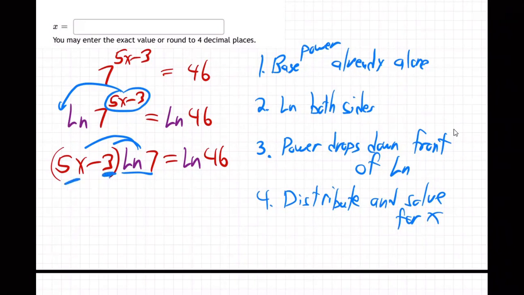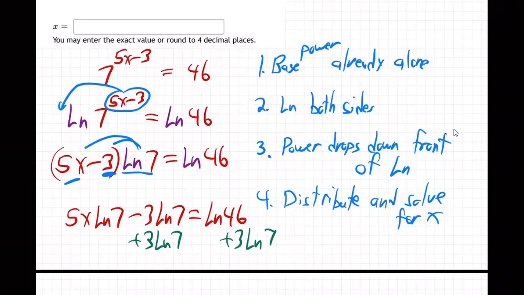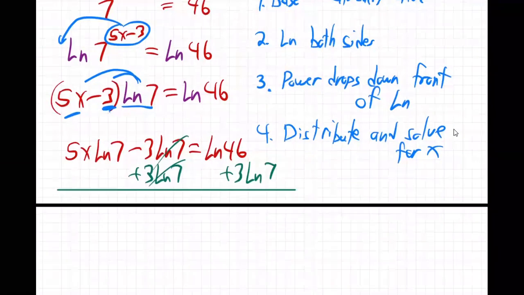What are you going to get? 5x ln 7 minus 3 ln 7 equals ln 46. We good so far? Now we just need to solve this for x. So just add 3 ln 7 to both sides.